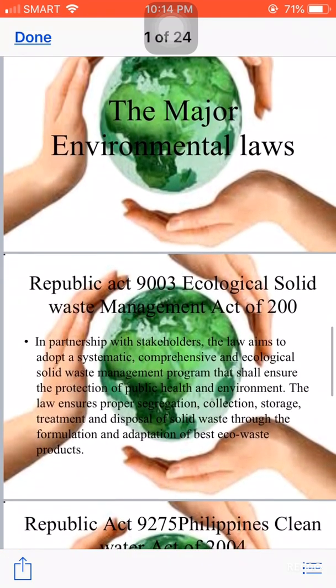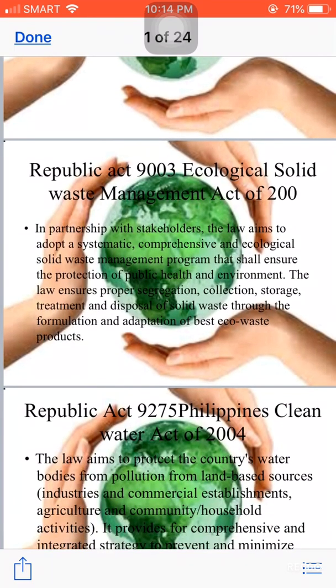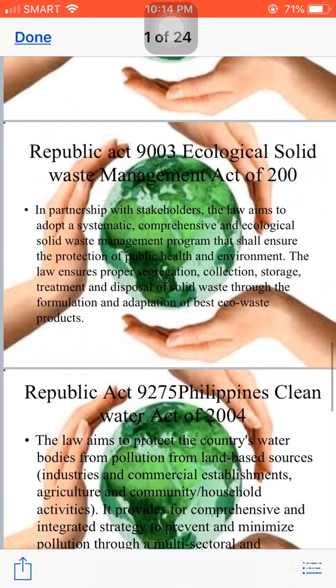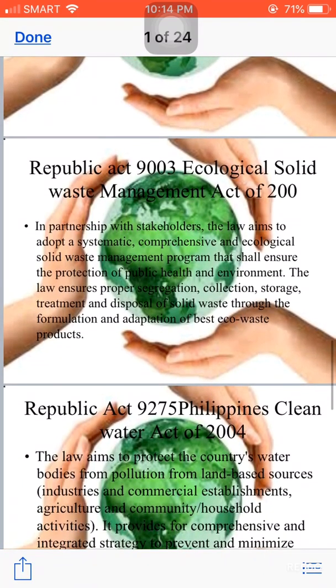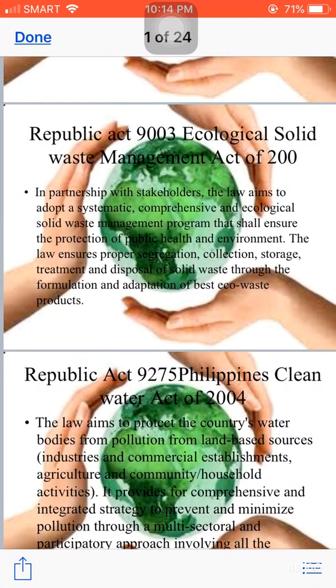The major environmental laws. Republic Act 9003, Ecological Solid Waste Management Act of 2000. In partnership with stakeholders, the law aims to adopt a systematic, comprehensive and ecological solid waste management program that shall ensure the protection of public health and the environment.